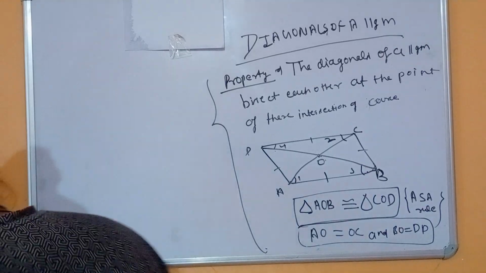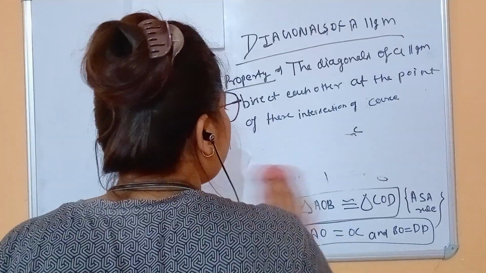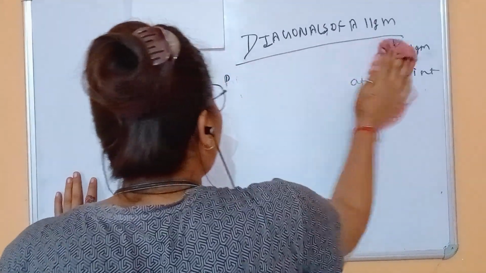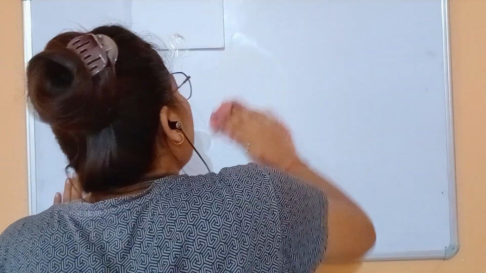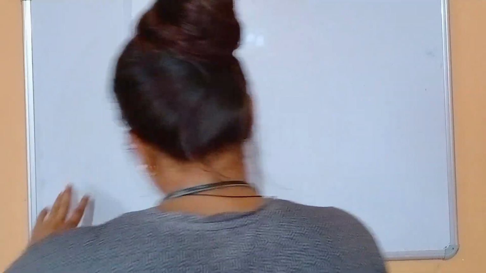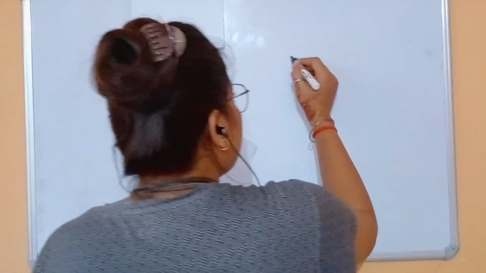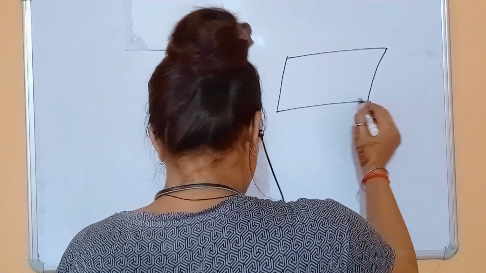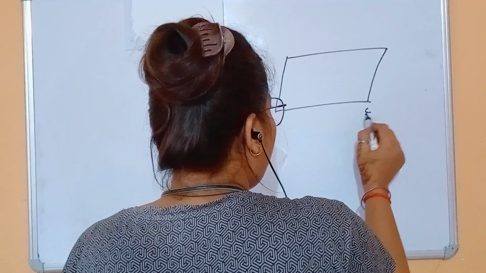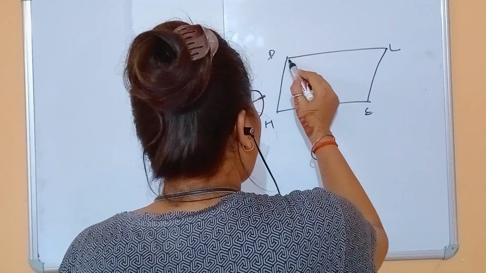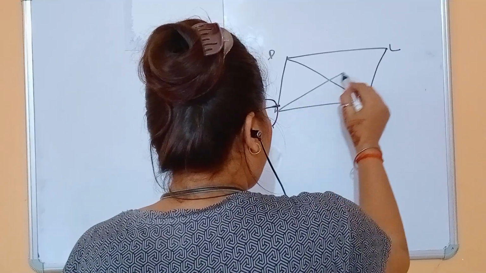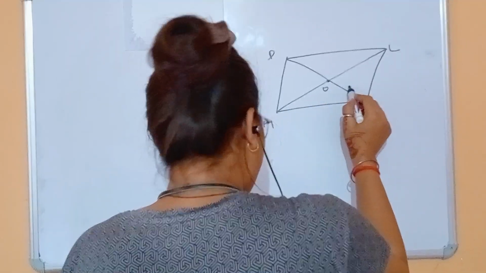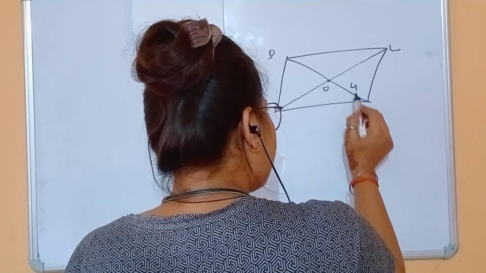So question 6 says, in figure HELP, make one figure HELP. Draw diagonals that bisect at one point, that is O. Here OE side given is 4.